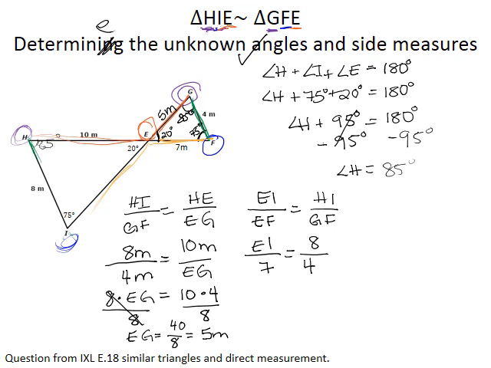Now this becomes a lot easier, we just multiply both sides by 7, so EI is equal to 8 times 7 divided by 4, and 8 times 7 is 56. And 56 divided by 4 is 14. So now we have solved for all the unknown angles and side measures of this triangle.